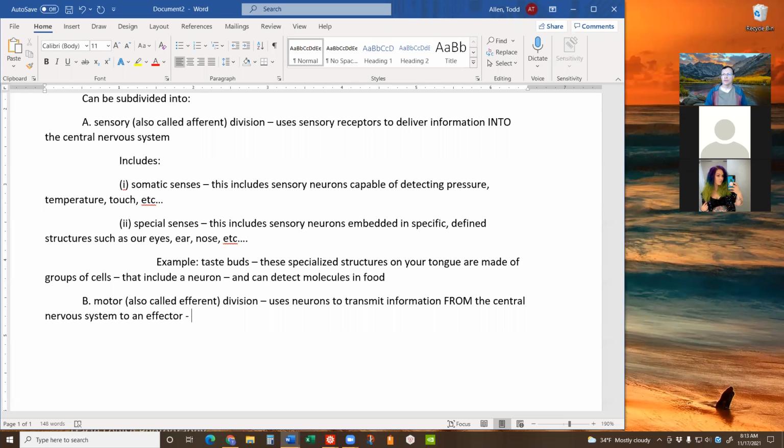So the effector is going to be some type of muscle and or some type of gland, because the motor division is also responsible for triggering the release of hormones from endocrine tissue in the body.